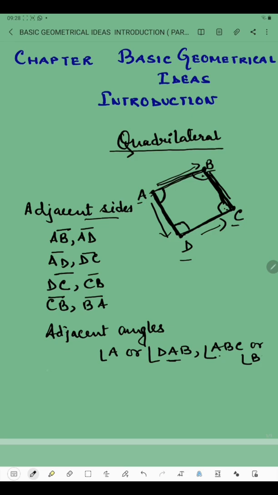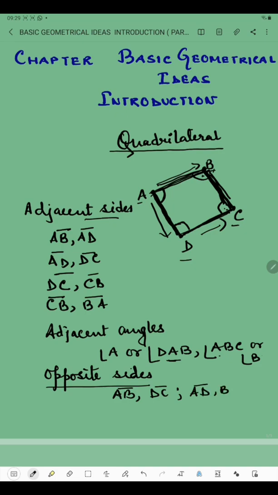Now what are opposite sides and opposite angles? Opposite sides means, as you all know, that the side opposite to AB is CD. Again, the side opposite to AD is BC. So opposite sides are AB and DC, and AD and BC, right?